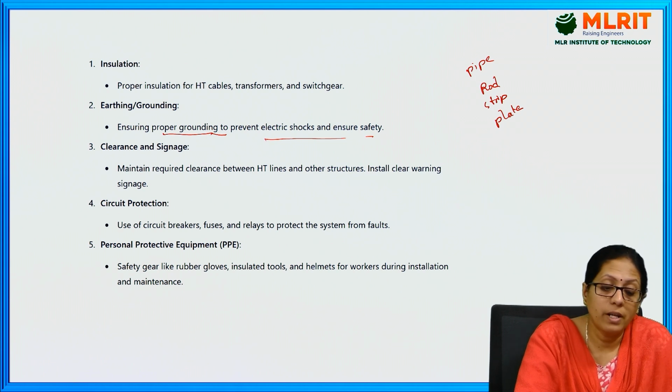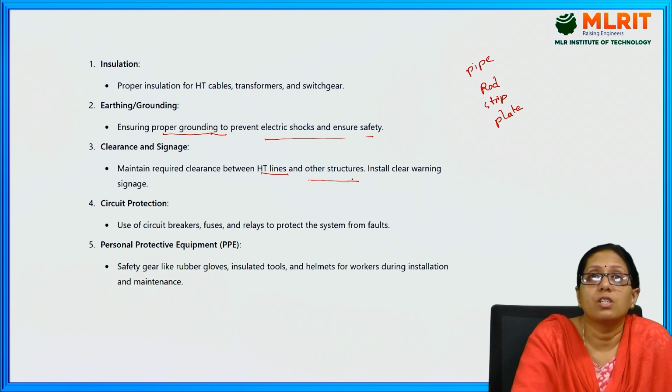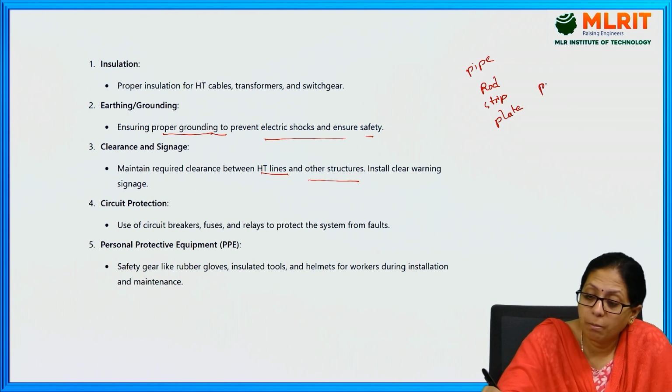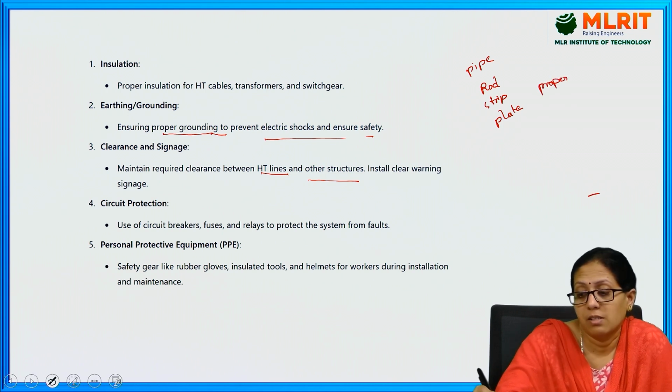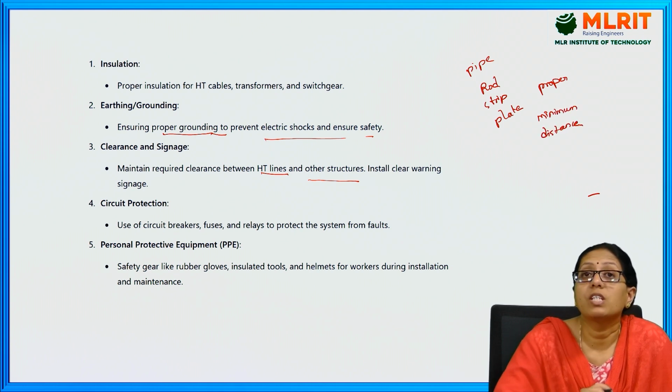The third one is clearance. Maintain required clearance between the HT lines as well as other structures. Clearance is nothing but proper minimum distance between each circuit.